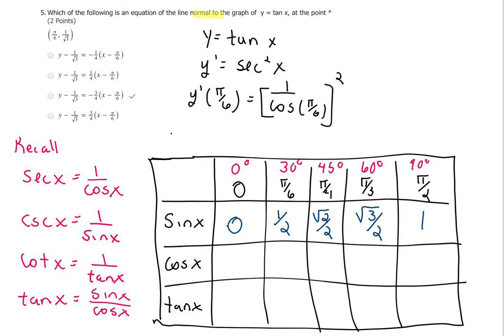Now, that's the sine. So remember, we start at 0, 1, 2, 3, 4. Take the square root and divide by 2. Cosine is just the opposite order. So we're going to start with 4, 3, 2, 1, and 0. Take the square root and divide by 2.